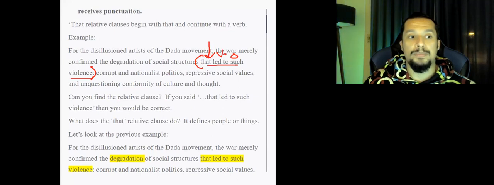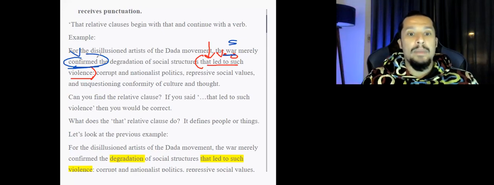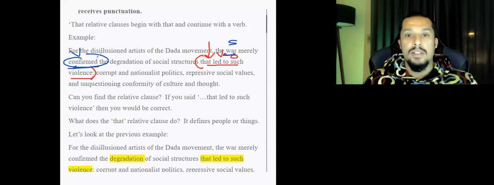Because here the sentence is the war merely confirmed, right? So here it's the subject and verb of the sentence, the main subject and main verb. Remember we said an independent idea has the main subject and main verb. There can be other subjects and verbs, but they're not the base, they're not main, right?